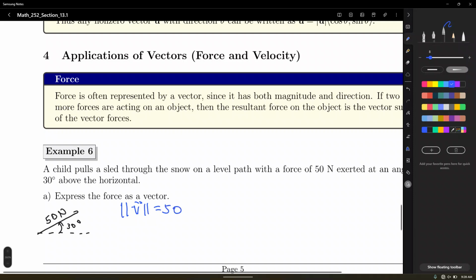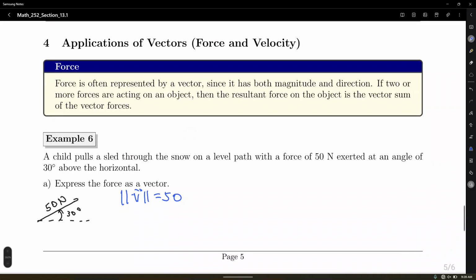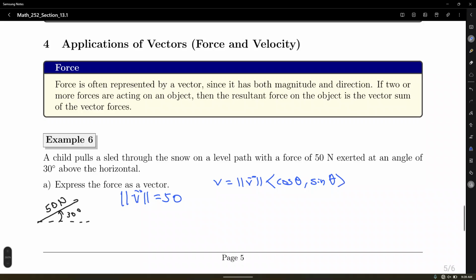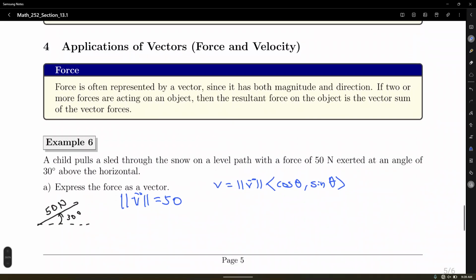You might want to skip the units, so you can put the units at the very end if needed. Then v will be the magnitude of the vector v times cosine of the angle, sine of the angle. That is the representation we had above. If the force were 1 unit, then the magnitude of v would be just 1. But in this case, the magnitude is 50.